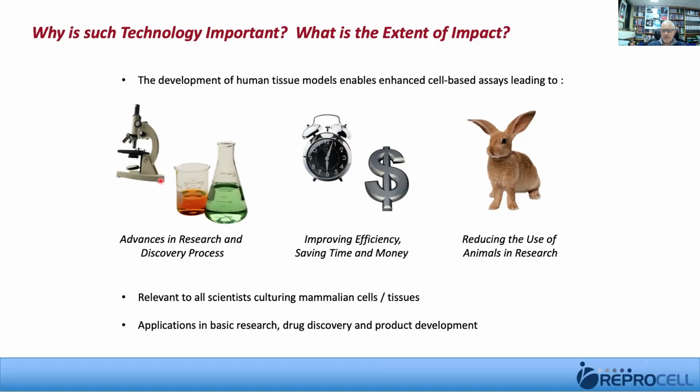They can improve efficiency, saving time and money, and of course there are alternatives to using animals in research. And such systems are relevant to the majority of scientists culturing mammalian cells and tissues, and there are applications for basic research, drug discovery, and product development, as I will demonstrate.